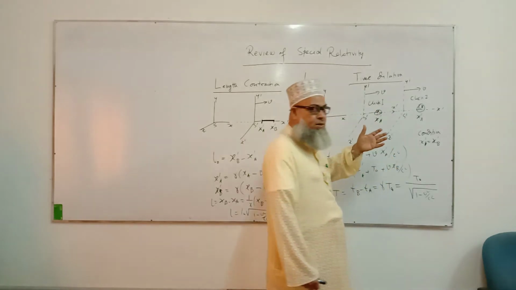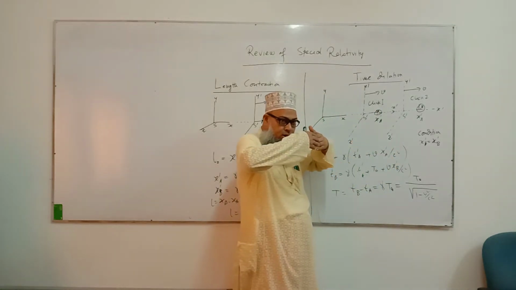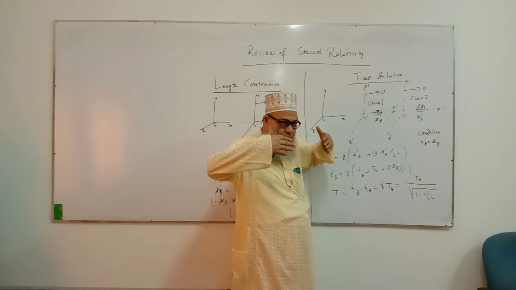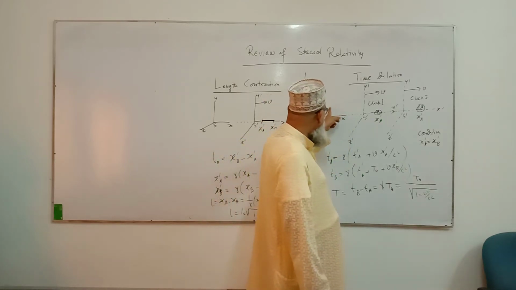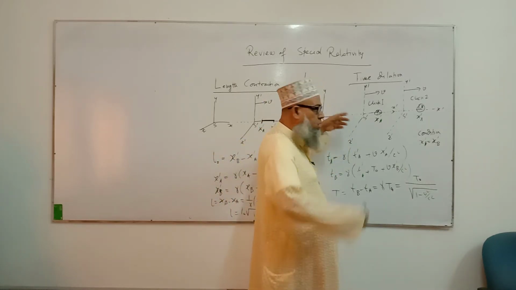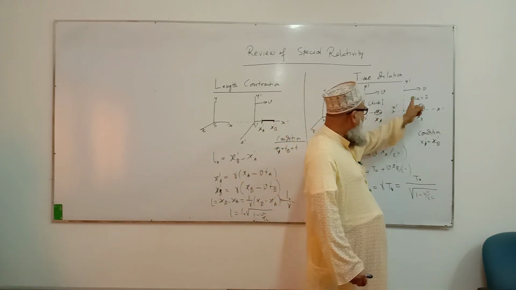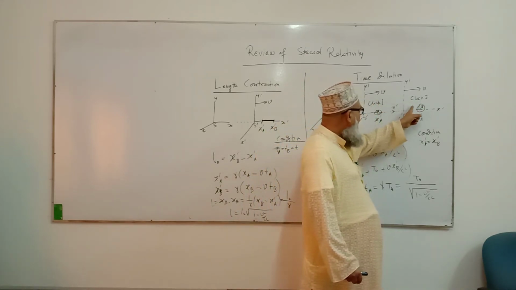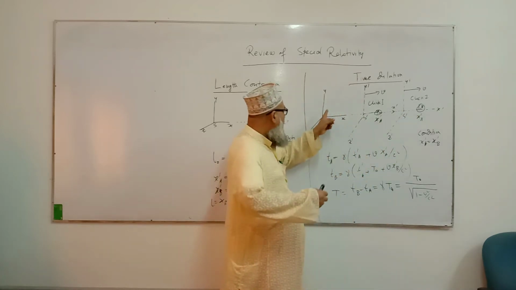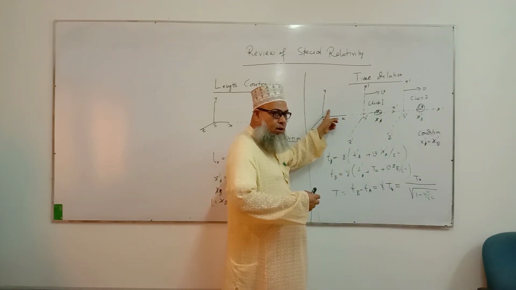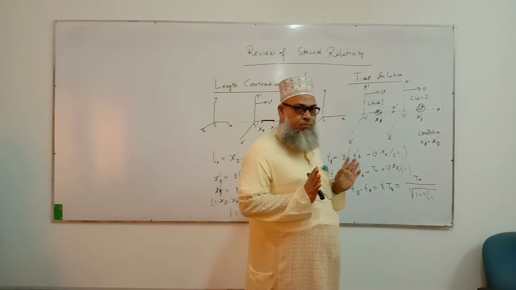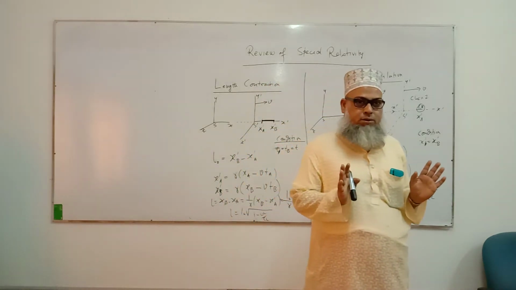So this is called time dilation. That means time expands. An observer in this frame sees time expand. Here the time recorded by this frame is expanded to an observer in S. So this is time dilation.